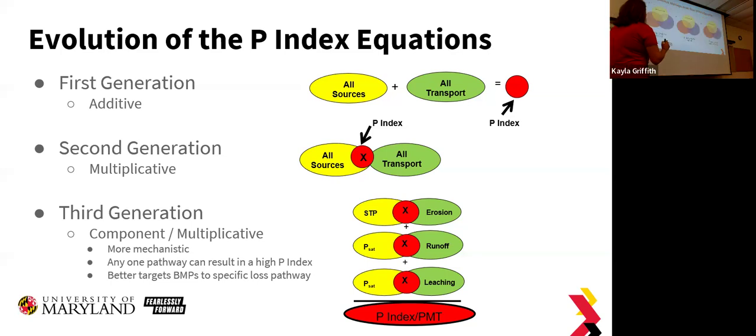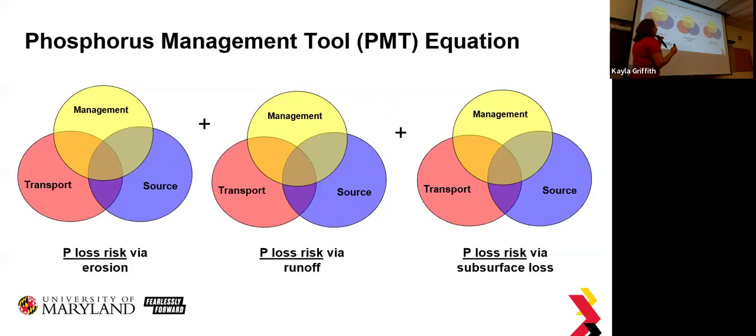And we actually like to depict it in this way. It's really like a 3-pronged Venn diagram here, 3 different times, right? Based on those little animations we just went through, there are different management recommendations depending on which transport pathway is dominating, all right? And so visually, if you're a visual learner like me, this is the best way to think about the PMT, all right?